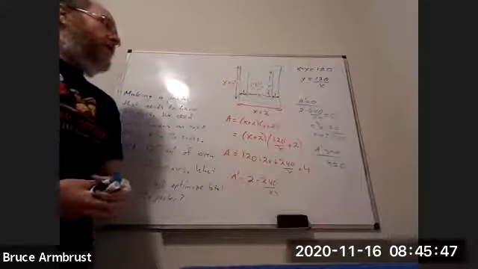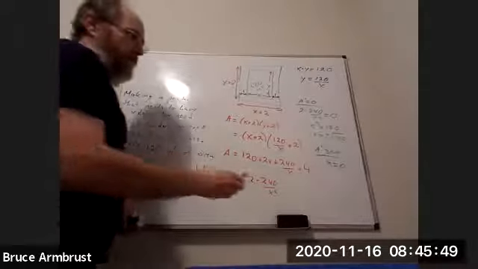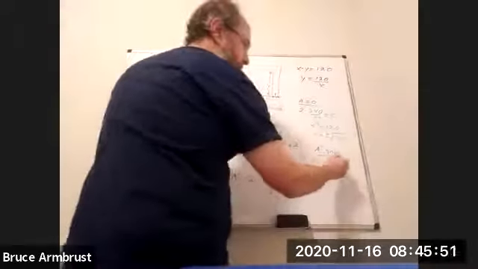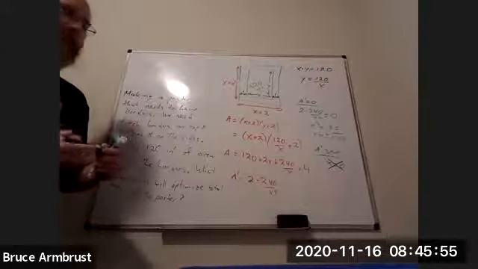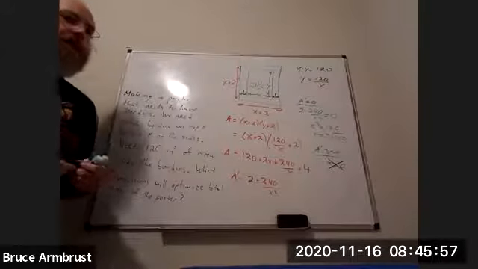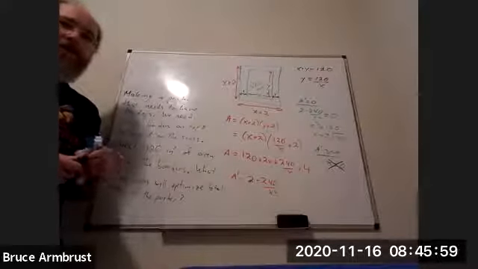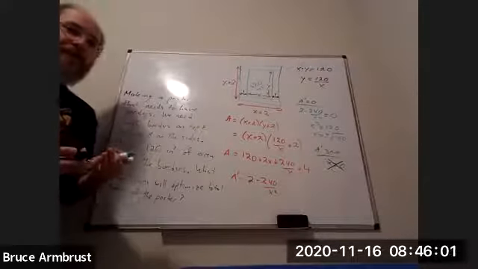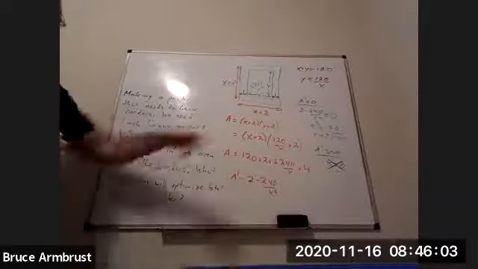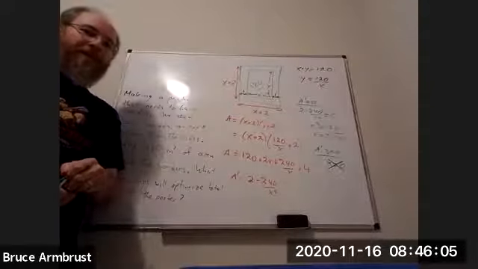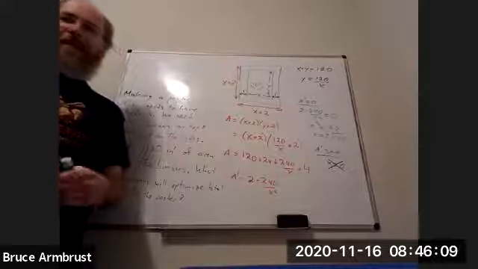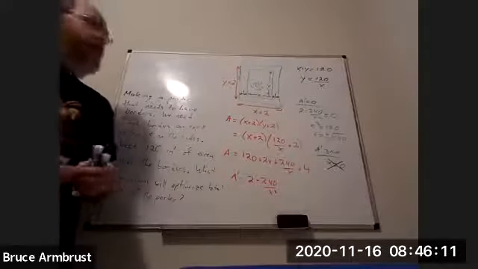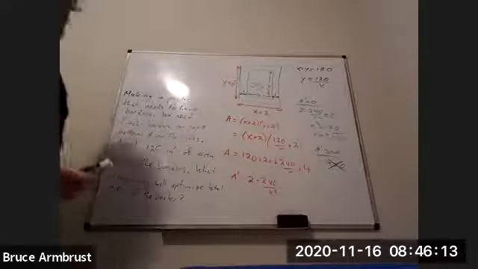Okay, so we're going to rule that one out. Okay, so the plus or minus square root of 120, I'm going to eliminate the negative also because of reality. Think about what that would mean. That would mean that the width of our poster is negative. That doesn't even make sense. So I'm going to go ahead and eliminate that one as well.